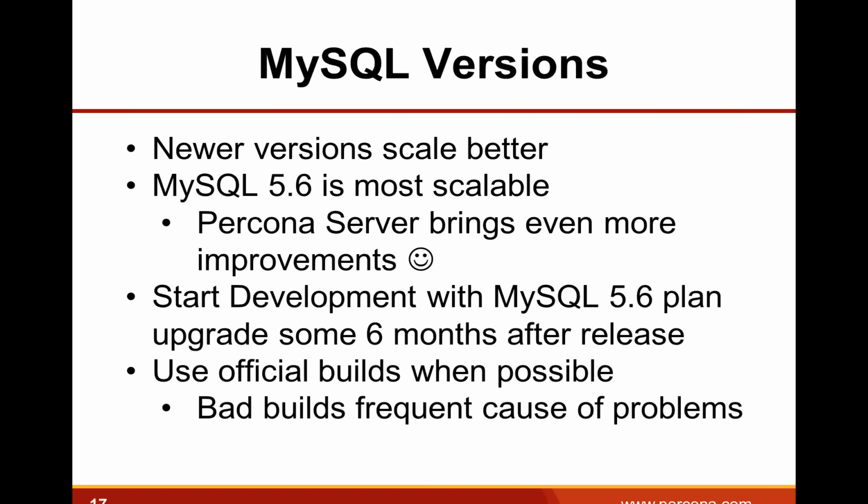When it comes to the MySQL version, the newer versions as a general rule scale better. So MySQL 5.6 is likely to be the most scalable, especially after a few months, until it is fine-tuned. You still know about some cases when MySQL 5.6 performs slower than MySQL 5.5 as it is now. And then we are also working on an even more optimized version of Percona Server 5.6, which is due out this summer.